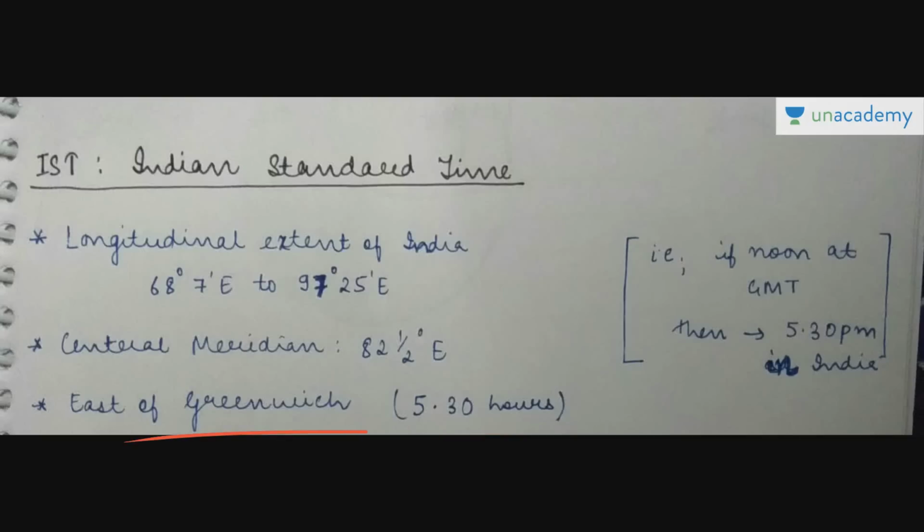That means if it is noon at GMT, the Greenwich meridian time, in India it will be 5:30 PM because it is ahead by 5 hours 30 minutes. Similarly, you can take any time at GMT and, depending on the difference of 5 hours 30 minutes, you can calculate what time it will be in India.